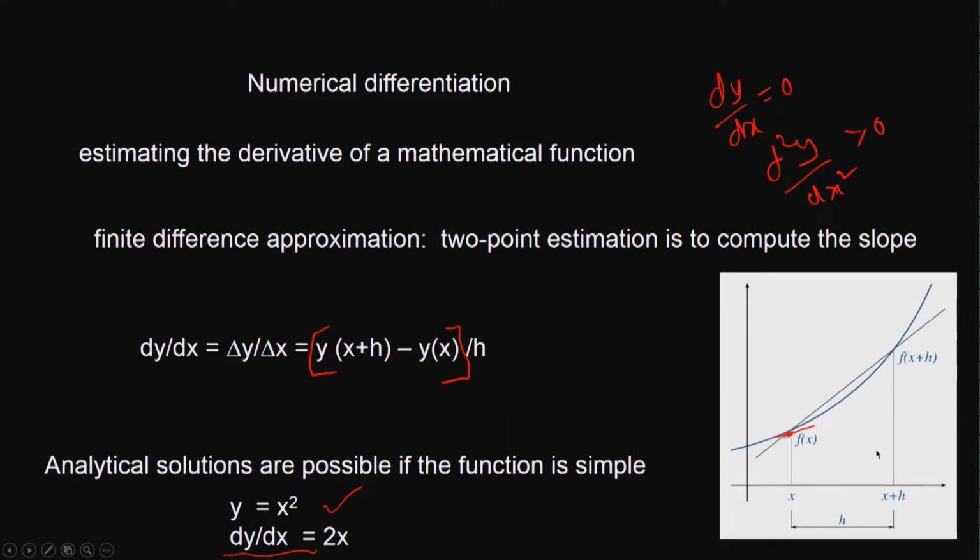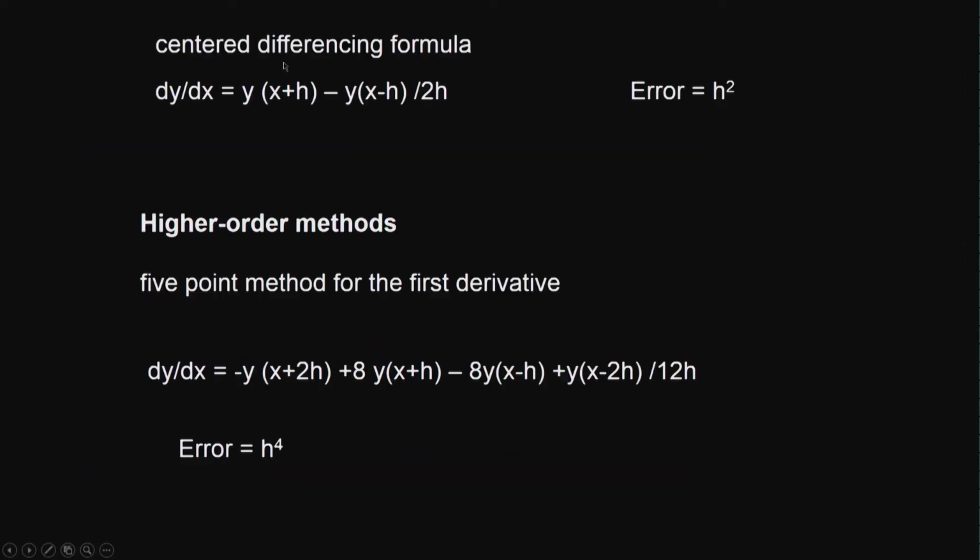There is also a backward method, but this is called the forward method. Like I said, if you have the analytical solution possible, then it is most accurate, otherwise in most of the cases it is not possible to have an analytical solution. So, we use the numerical method for estimating the dy by dx. There is another method that is called centered difference formula.